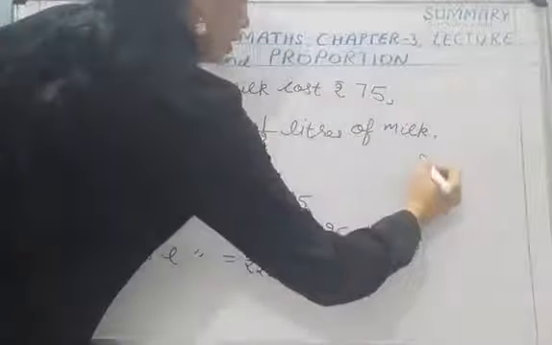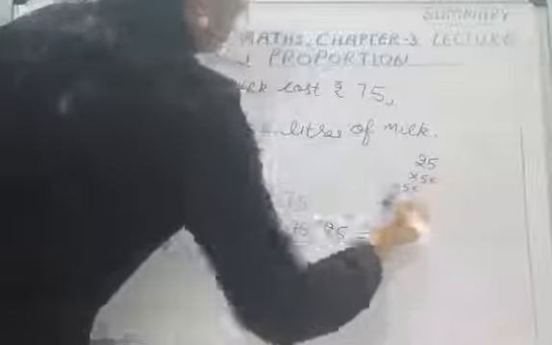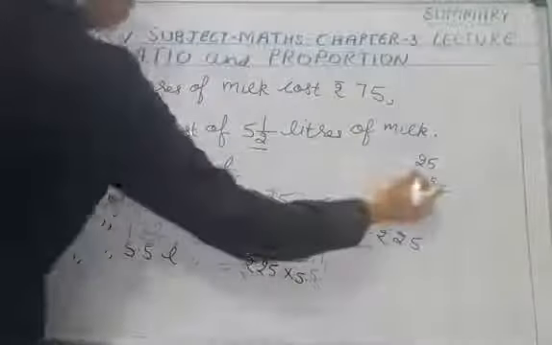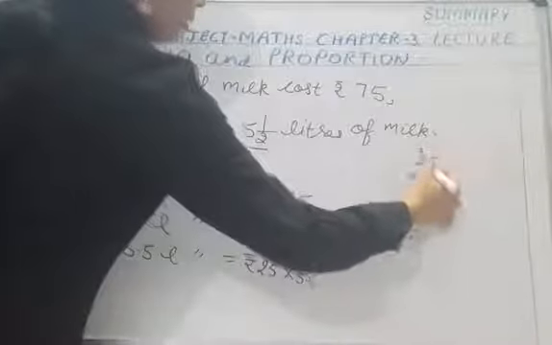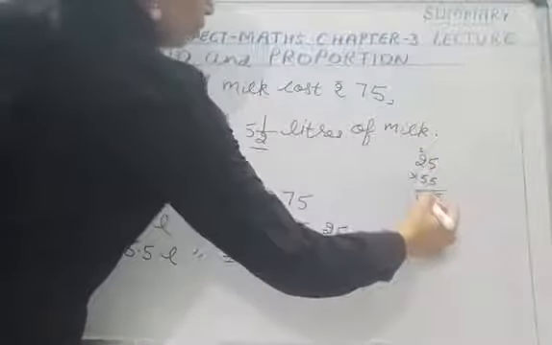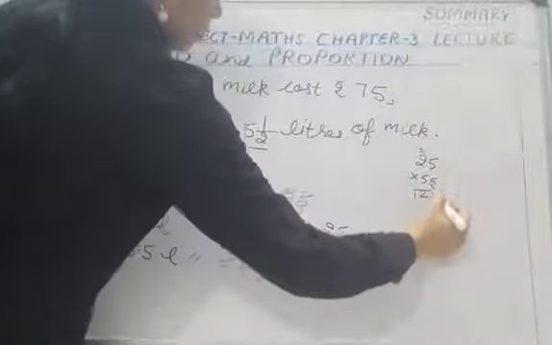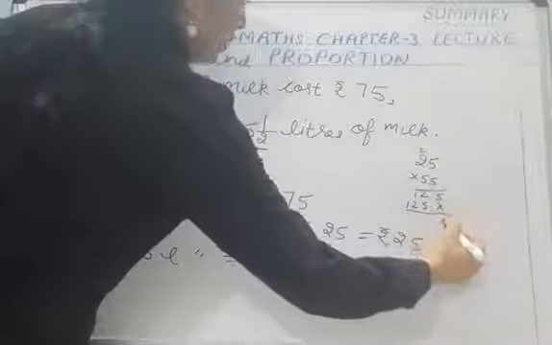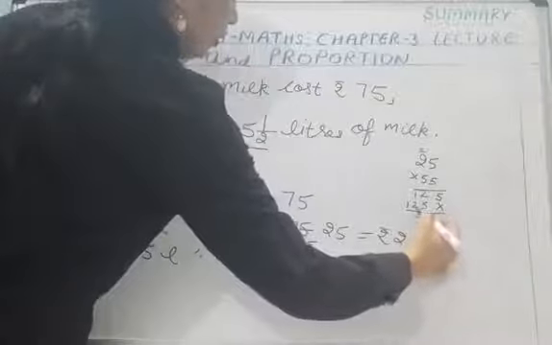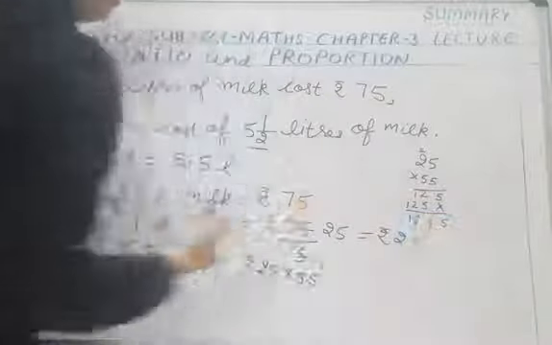Now 25 multiplied by 5.5. You can do multiplication of 25 with 55. Don't consider decimal in multiplication. 5 5s are 25. 5 2s are 10. 10 plus 2, 12. Multiply again, same. 125. 5 7 3 1.